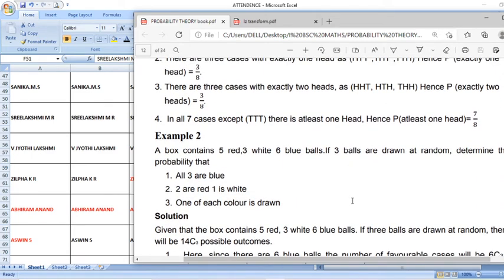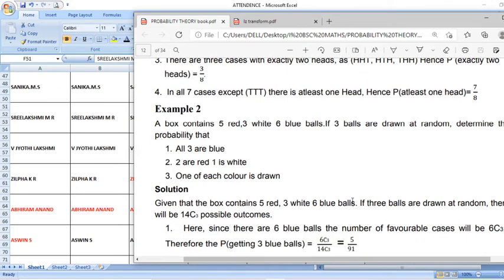And another case is: a box contains 5 red, 3 white and 6 blue balls. If 3 balls are drawn at random, determine the probability that all 3 are blue.